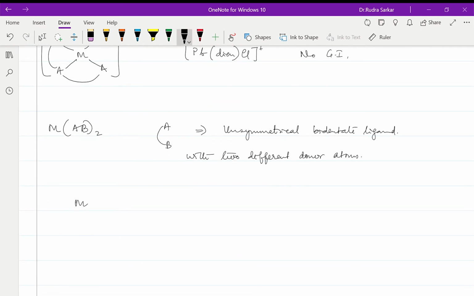If you think about placing this bidentate ligand's donor atoms on the vertices of a square, we can achieve one arrangement of this kind. Or we can have another arrangement, in which this arrangement is possible.